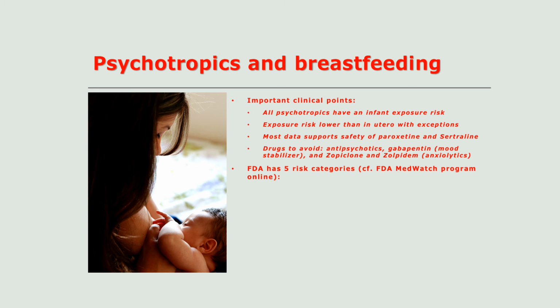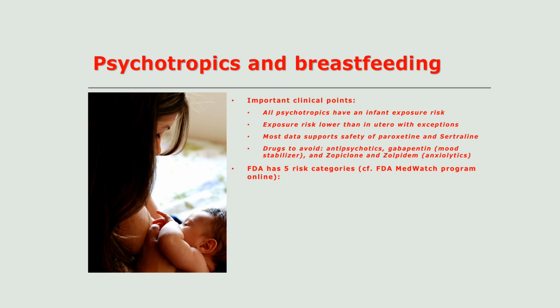In the U.S., the Food and Drug Administration has provided guidelines that categorize psychotropics into five categories, depending on the risks that they pose to the infant during breastfeeding and the availability of data on the drug.